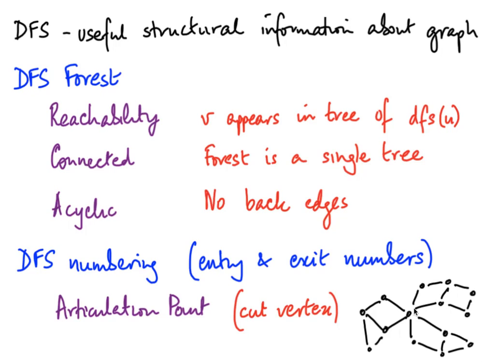For instance, in this graph that we have drawn here, if we delete this central vertex, then the edges around it will disconnect the remaining portions into separate components, even though the original graph is connected. So we can identify such cut vertices using DFS numbering. We won't describe the exact procedure, but it's important that such slightly non-trivial properties can actually be computed using this numbering.